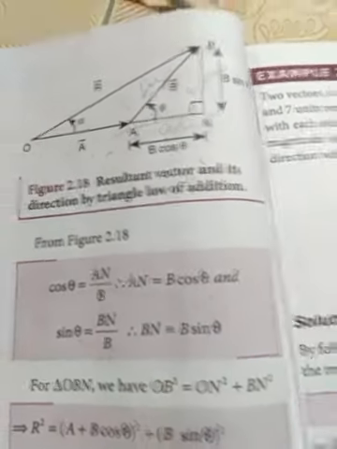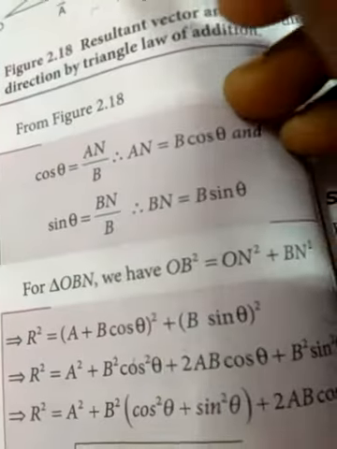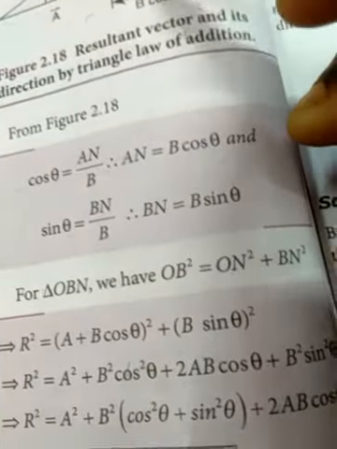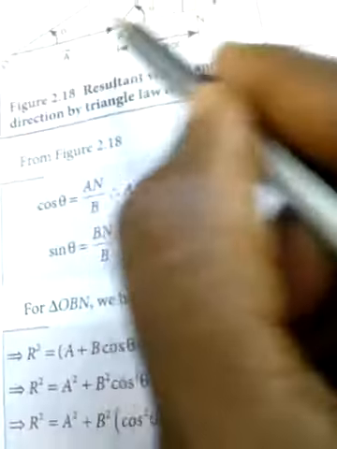Next, we take the angle of the big triangle, the angle ONB.